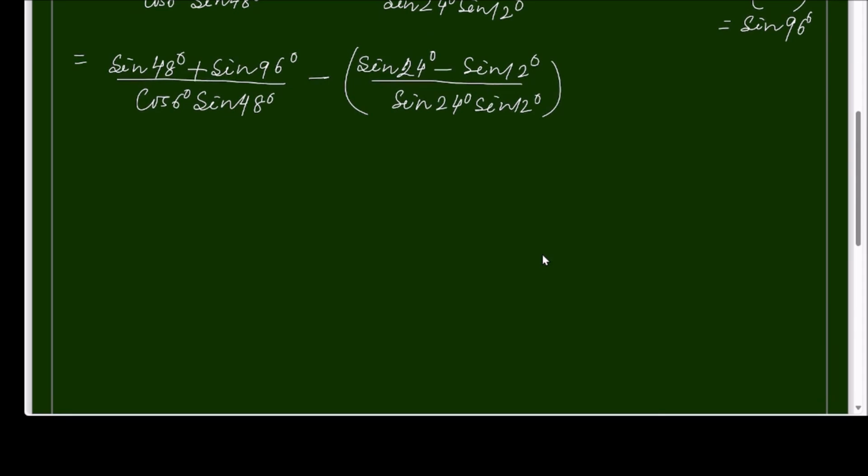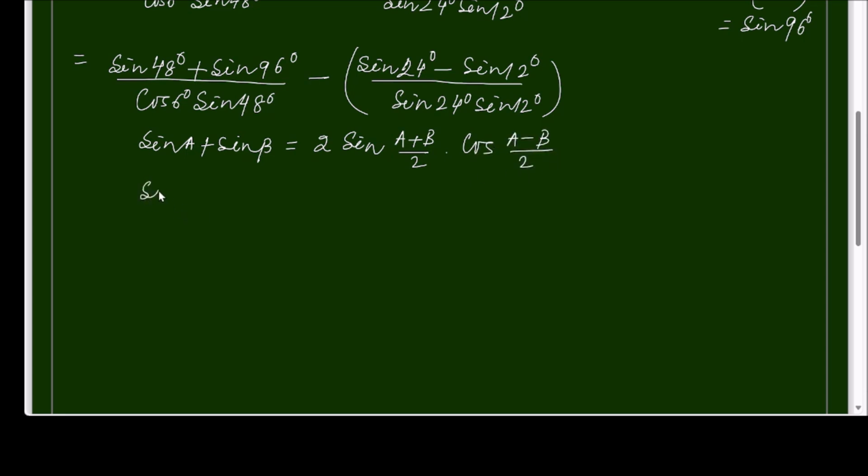Then we will apply the formula sine A plus sine B is equal to 2 sine (A + B)/2 cos (A − B)/2.